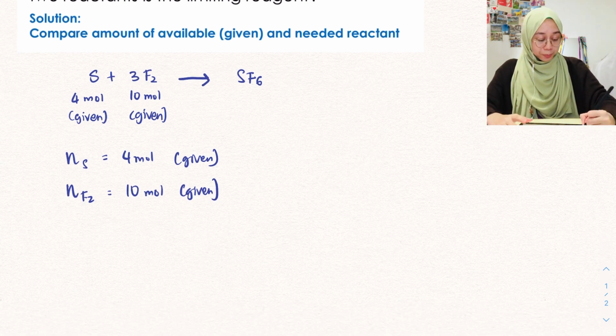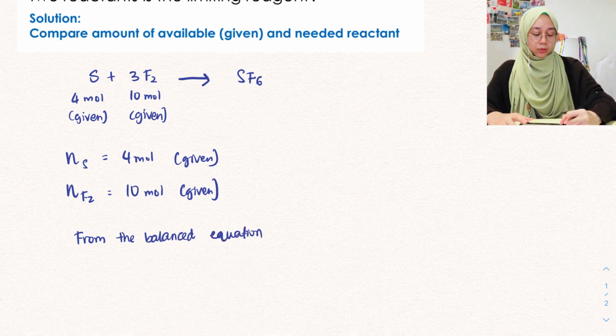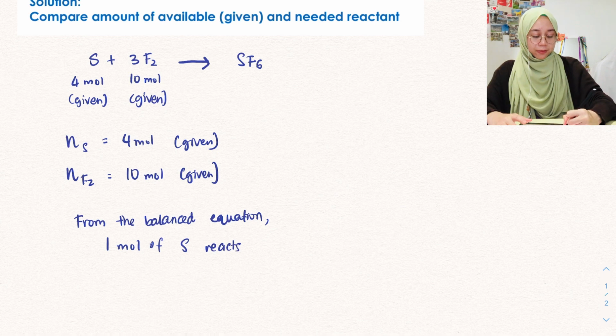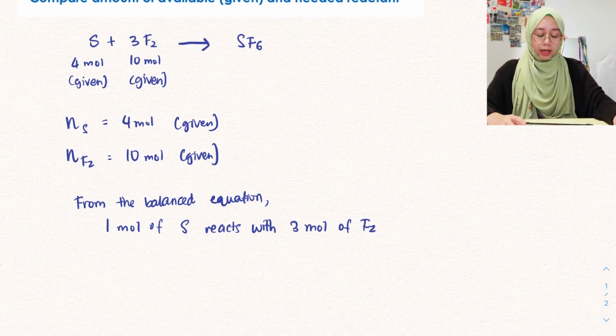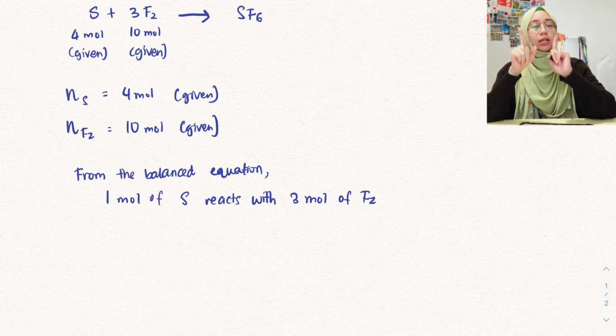Okay, so from the balanced equation, we have 1 mole of sulfur reacts with 3 mole of fluorine. Okay, but then given to you, you only have 4 mole of sulfur and also 10 mole of fluorine.